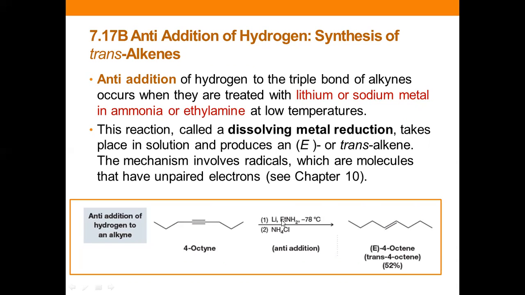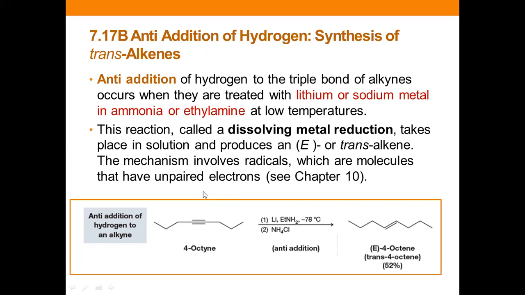So lithium in ethylamine, or sodium in ethylamine, at a very low temperature. We follow this route, and we proceed with anti-addition, which means that the product that we obtain is a trans-alkene.